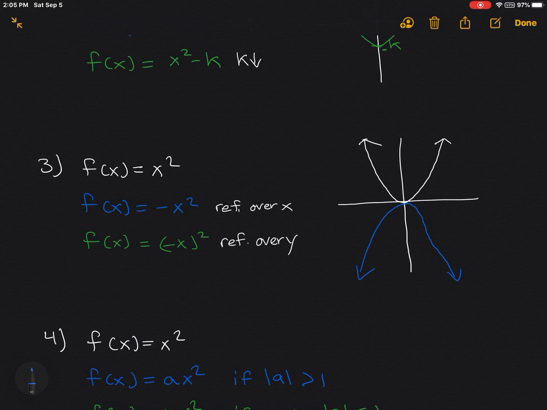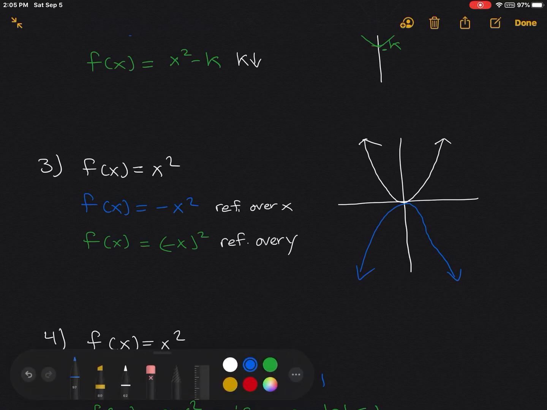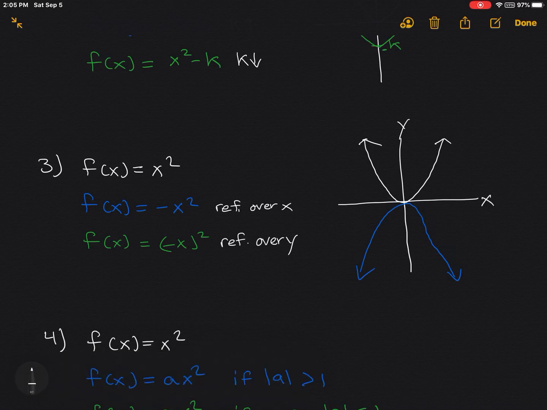Now, what about reflection over the y? Well, here is my x-axis, here's my y-axis. If I reflect every point across the y, here's x, comma y. Well, this point would just be right here, negative x, comma y.